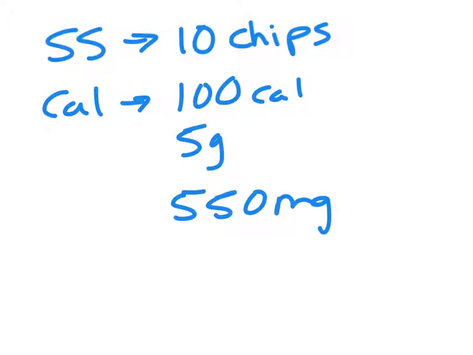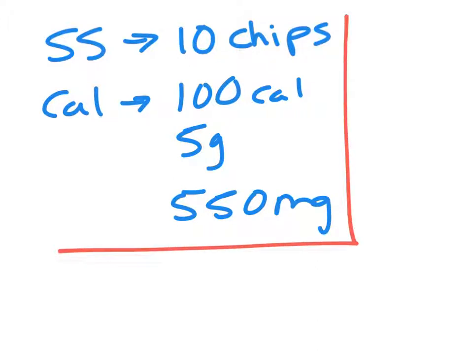But let's say I'm trying to figure out exactly what I'm consuming based on this nutritional label. We can use this label as a known, that for every 10 chips I get 100 calories. So I could use those two numbers as a known if I'm trying to figure out what I'm consuming in calories. Or perhaps I want to calculate what I'm eating in fat grams. I would use those two numbers.